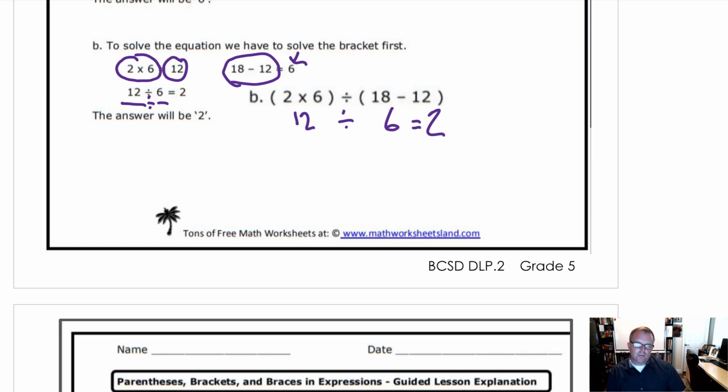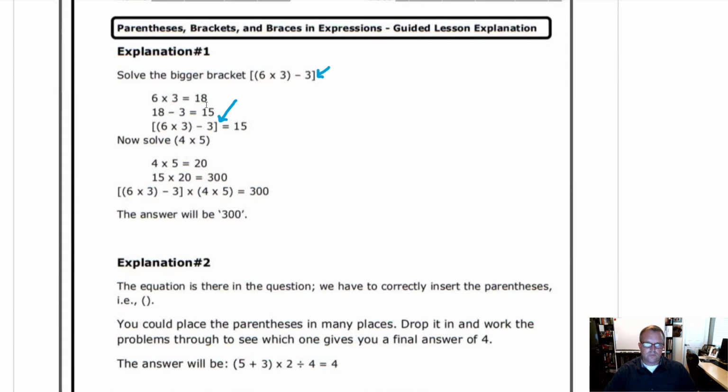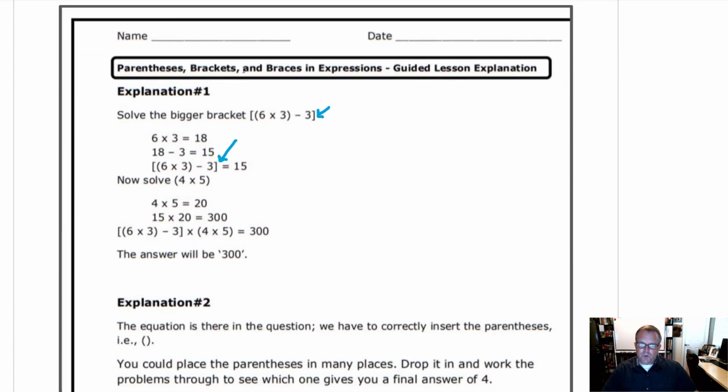And usually when I write problems like this, I just write the full problem at the top and then I keep writing down steps underneath instead of how they did it here. Well, let's see if the next page looks better. Hopefully it does. Okay, scroll down. Parentheses, brackets, and braces in expressions. Guided lesson explanation.